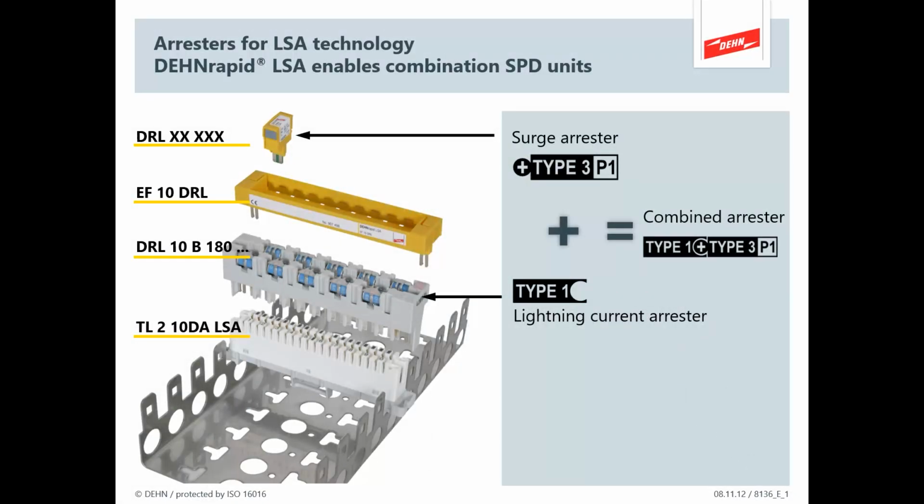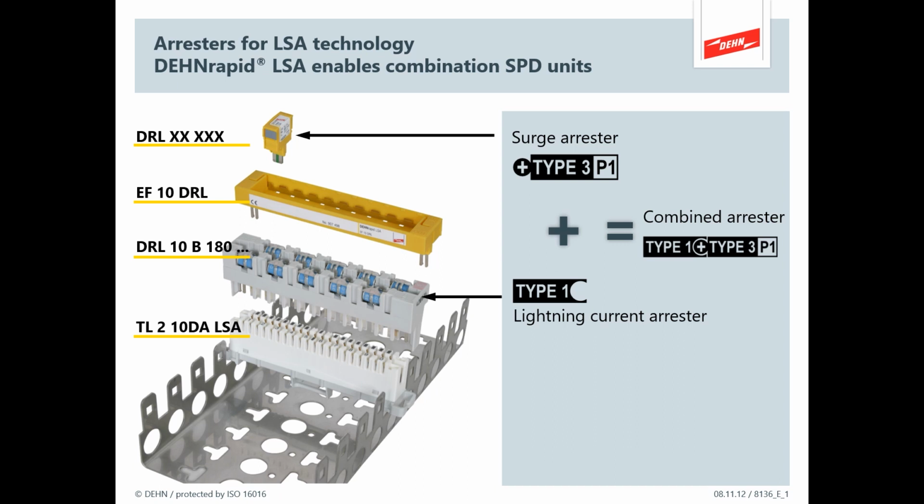So as an example, when we're protecting a BT line, I would have the 10-way, shown here as the DRL 10B180. So that goes across each of the 10 lines in the BT chrome block or LSA strip. And you can see it's marked up there as a type 1 with that shape on the designating symbol.